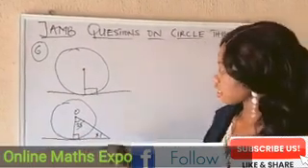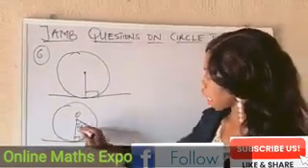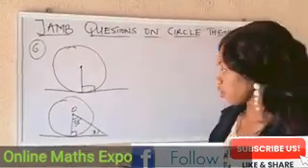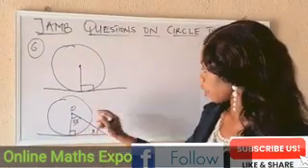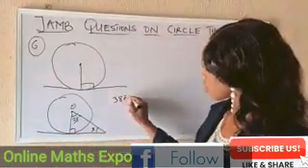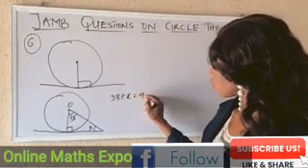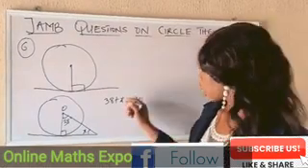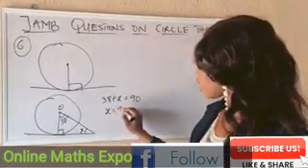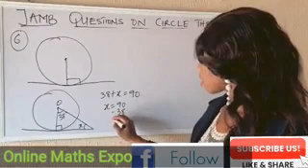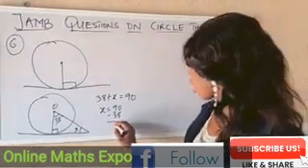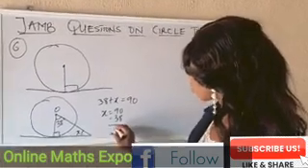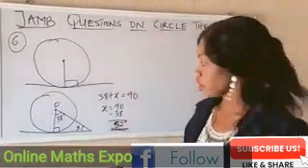The total angles in a triangle is 180, so if this place is 90, you are going to have 38 plus x is equal to 90, because the two remaining will sum to 90 also. So x will give us 90 minus 38, and when you subtract the two, we are going to have 52 degrees as the value of x.